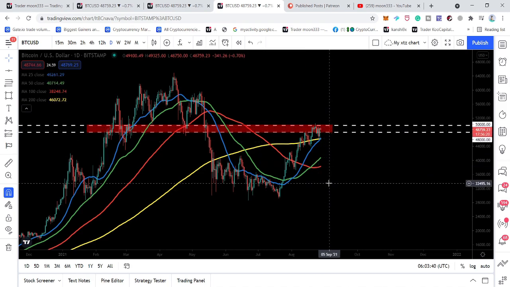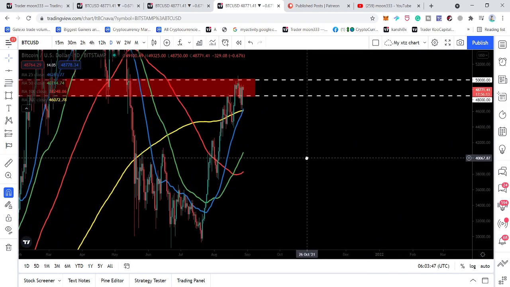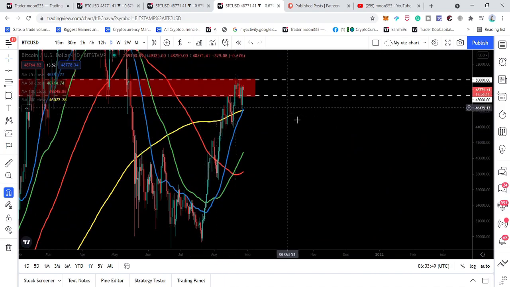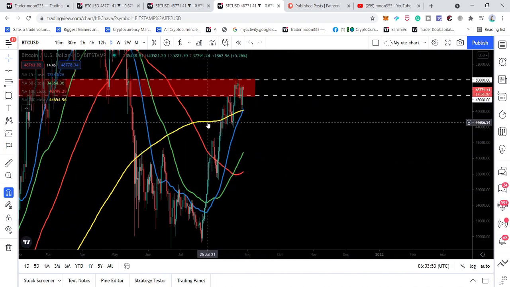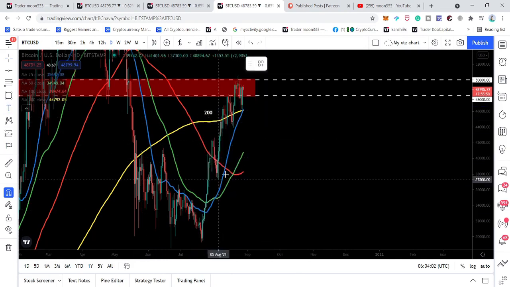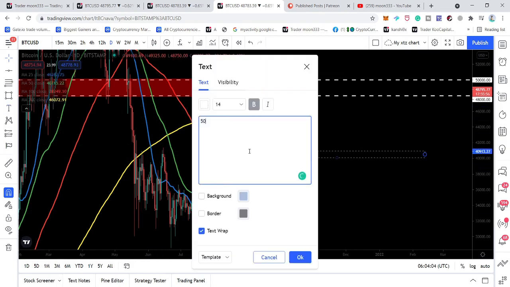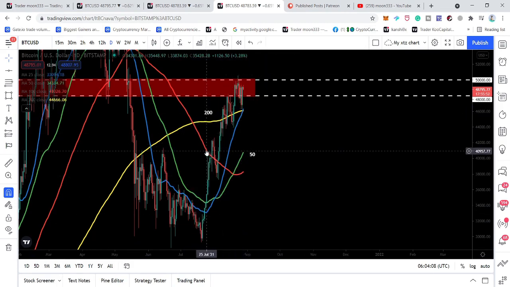But I want to draw your attention to a very strong buying signal that is appearing on the daily time frame. Here I have placed different simple moving averages. This yellow one is the 200 simple moving average. Let me place some text here, it will be easier for you. And this green one is the 50 simple moving average, this blue one is 25, and this red one is the 100 simple moving average.